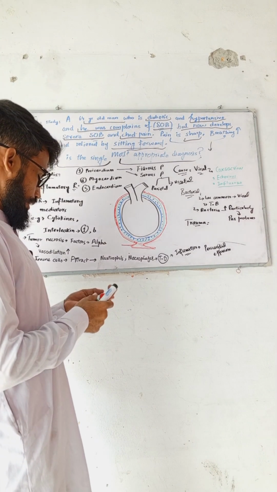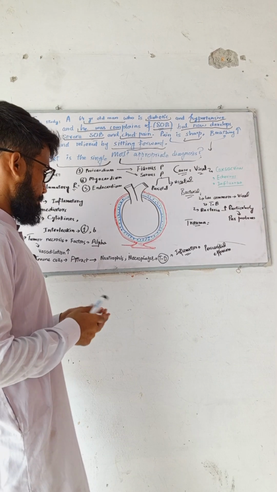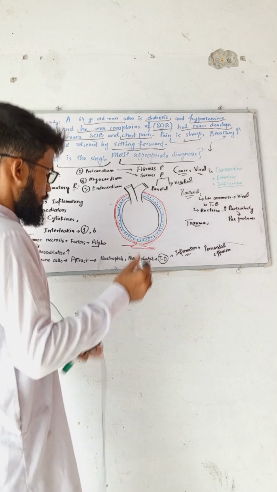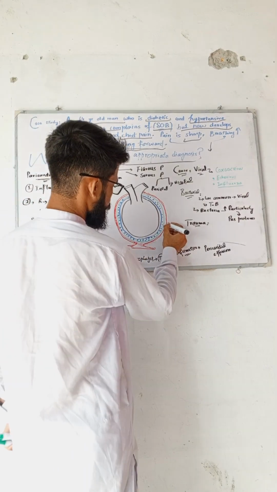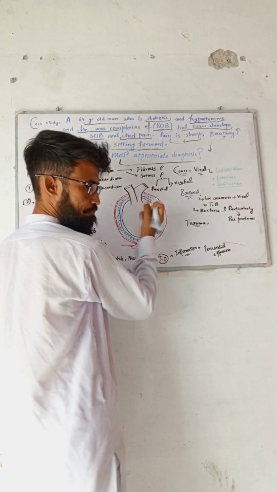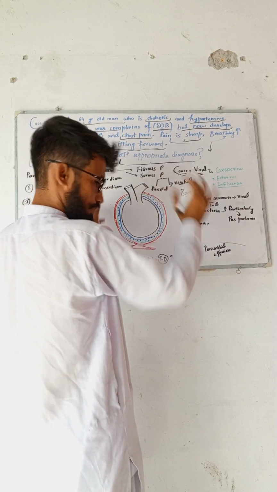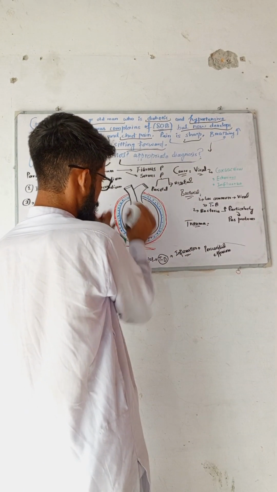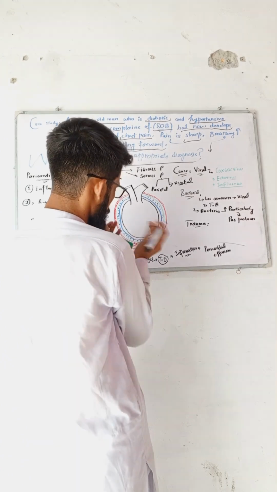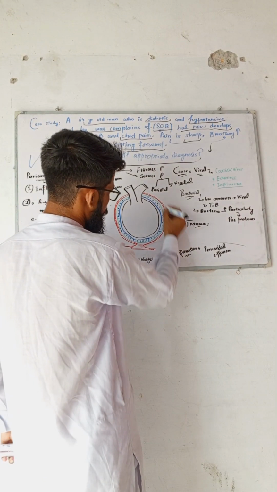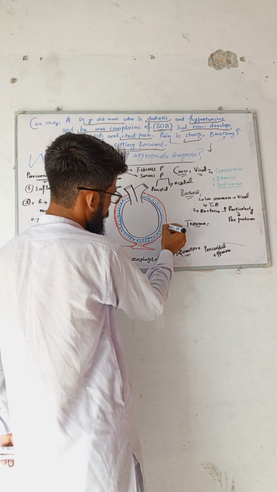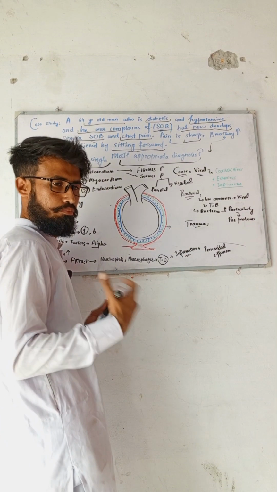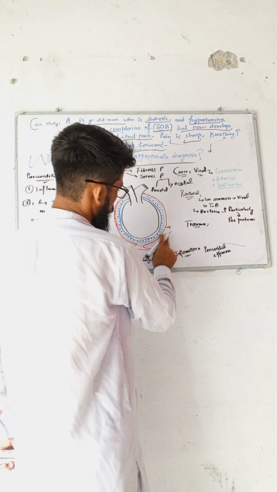As you see here, this is the pericardium. This is the heart. This is a sac, and in the sac the heart is lying. This is the outer layer that is adherent to the diaphragm.